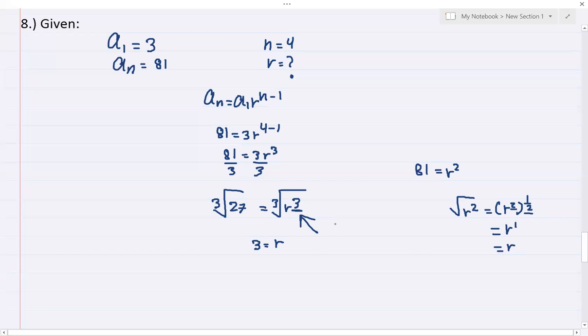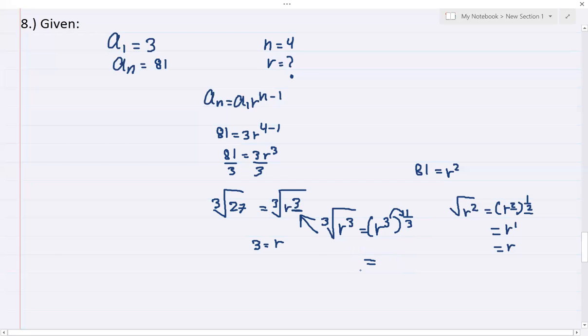If you have r cubed, if you want to remove your 3 on the exponent, you're going to cube root. So the cube root is just the same as r raised to 3 raised to 1/3. So multiply these two exponents, you will only have r as a result.